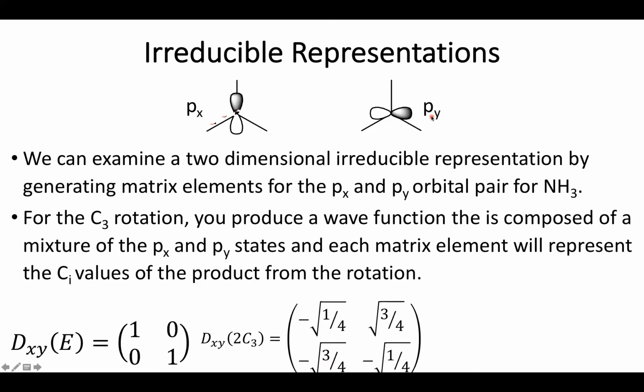But we have to do the same thing for what happens when I rotate my py orbital. When I rotate my py orbital, now I'm going to suddenly have my density pointed out in this direction. And when that happens, it turns out I'm going to be 75% px character, but this time of a positive amplitude, and 25% py character, but again, I switched directions, so that means I switched amplitude, so it's going to be a negative square root of 1/4 again.